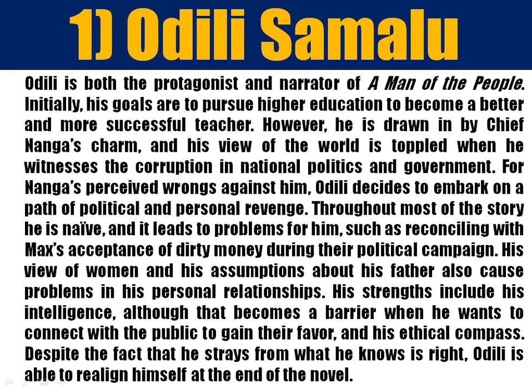We saw that at the end of the novel, Odili was able to pay the bride price of Edina. He wanted Edina as revenge against Chief Nanga, who slept with his girlfriend Elsie. And then he paid, though he had to persuade Odo, the father of Edina, before he was able to pay the bride price. Later he married, and then Chief Nanga was arrested after the civilian government was toppled by a military coup.